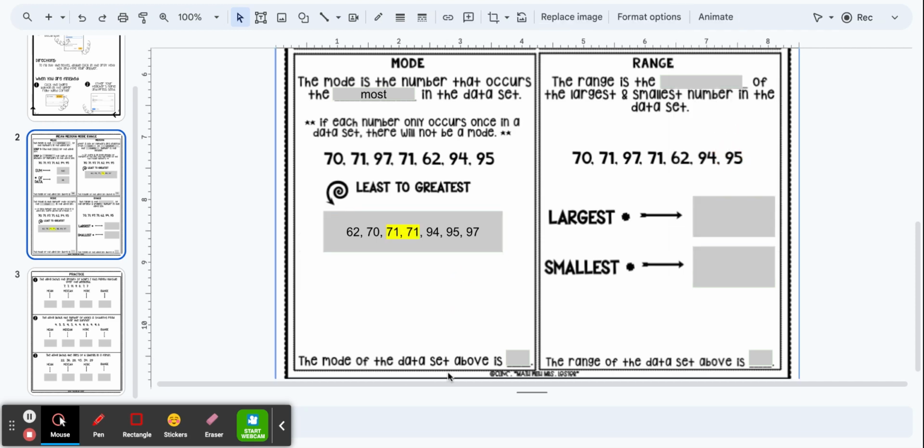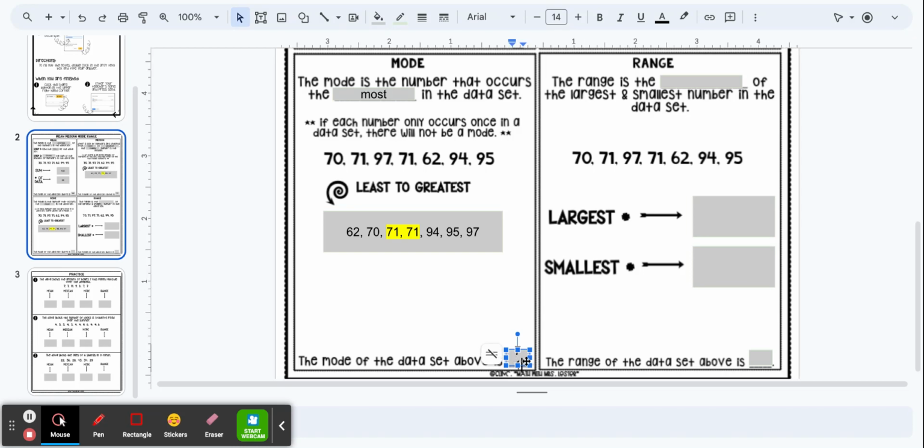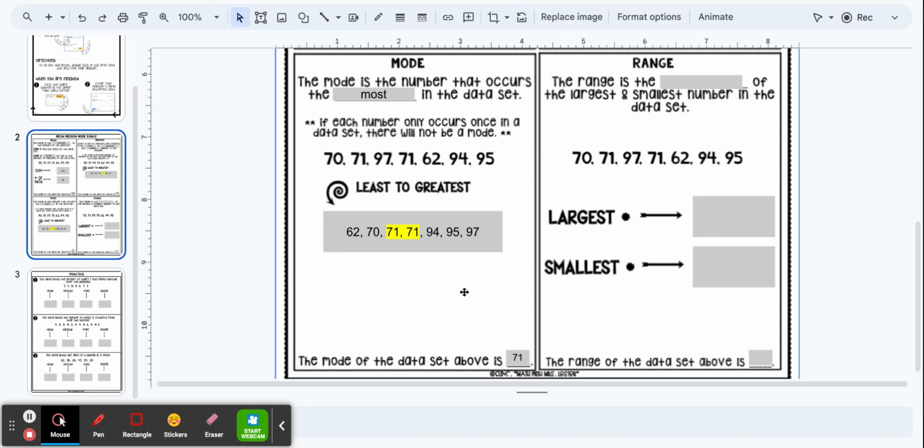So the mode of our data set is 71. That's how you find the mode. Again, if there was only one 71 in this set, then no other number repeats, so we would just put no mode.